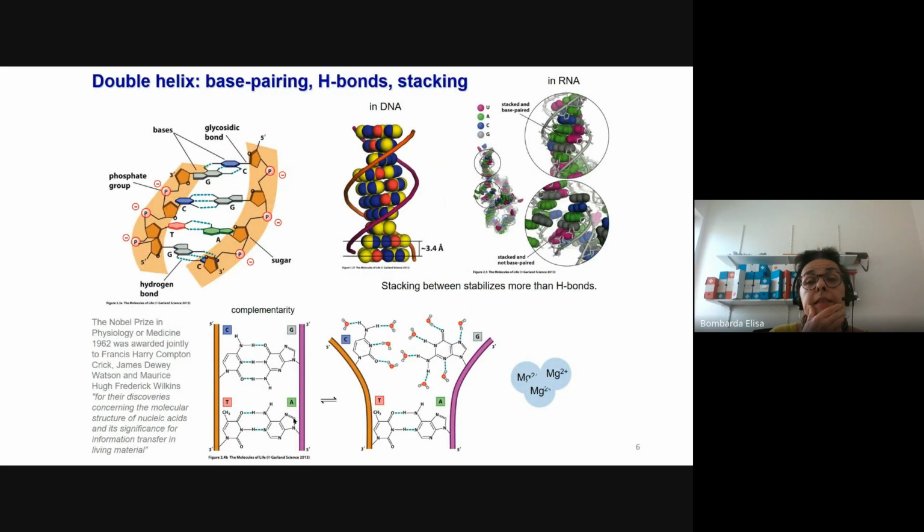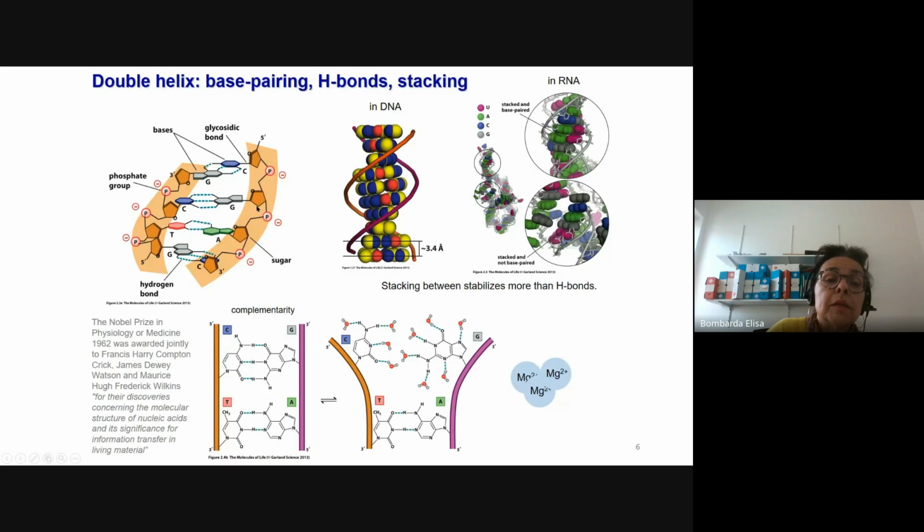So here is the typical double helix that we have in DNA, and so you see the bases interact with hydrogen bonds, but the chain is here.